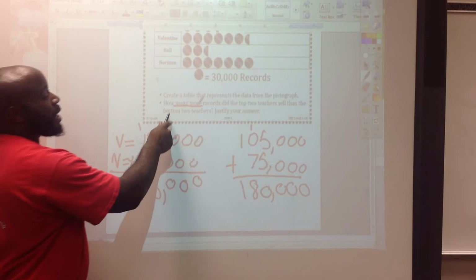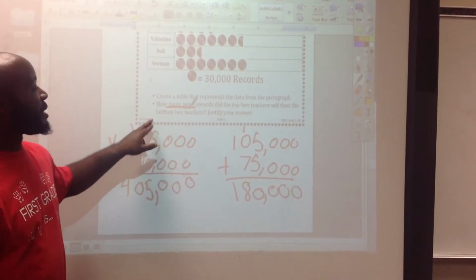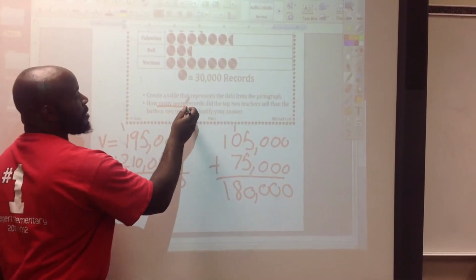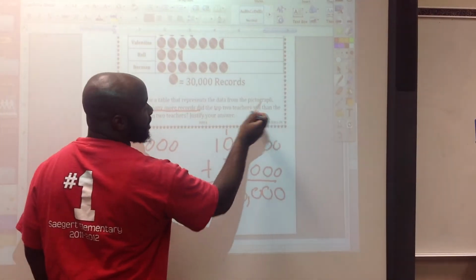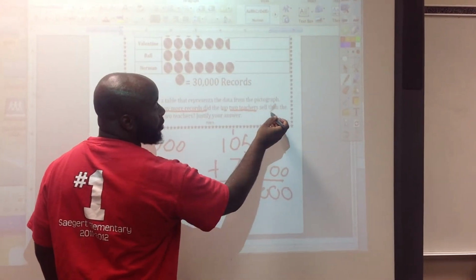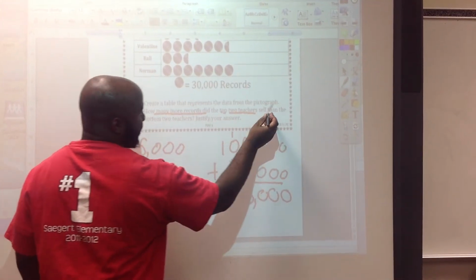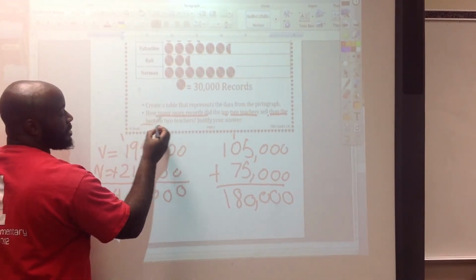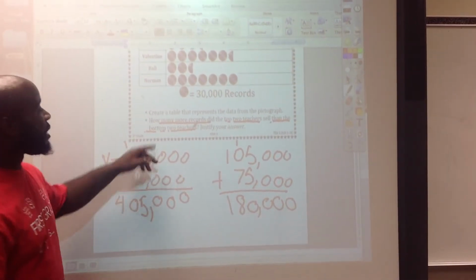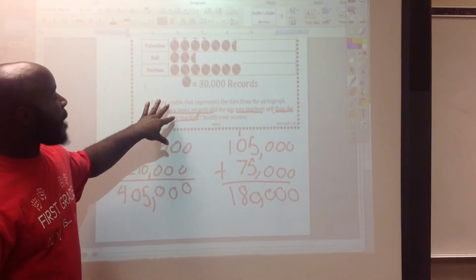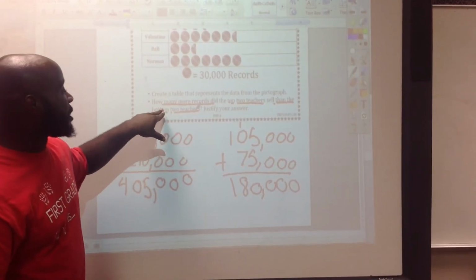Yes. Well, right here I have one of the key words in my problem. It says, how many more records did the top two teachers sell? And this is a comparison word, than, if I can underline it, the bottom two teachers. So right here, it gives me a lot of information on what operations I am going to use within my problem. This tells me I'm comparing.